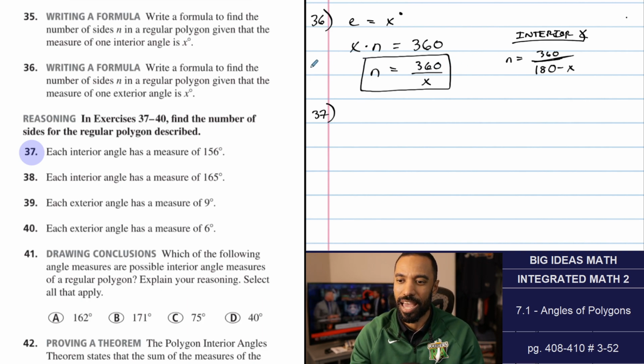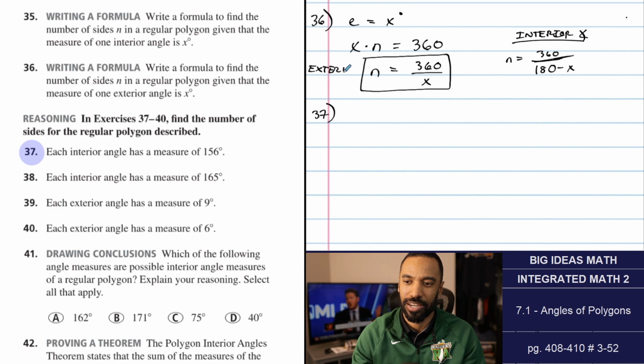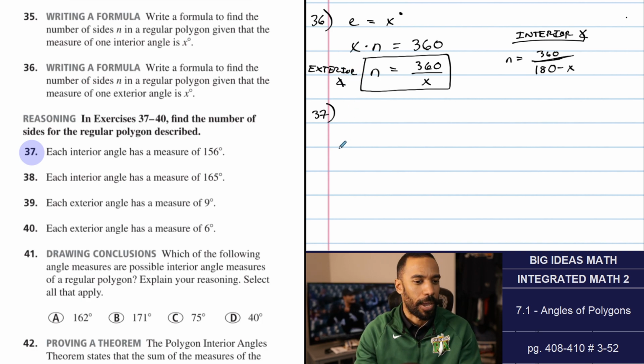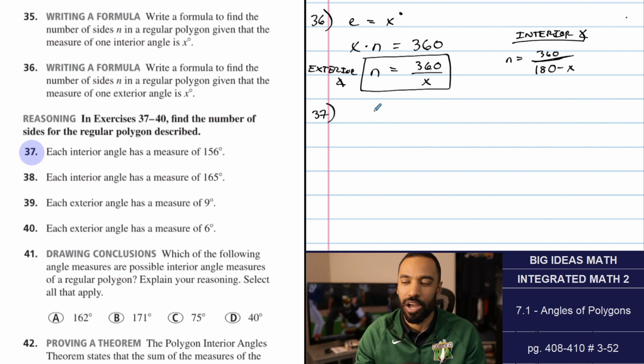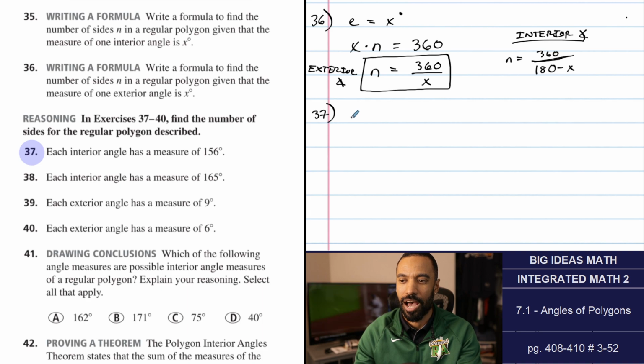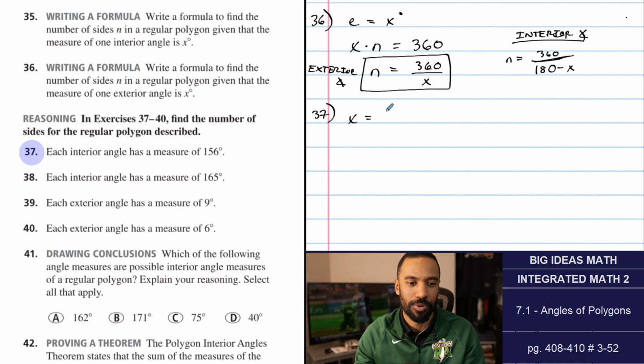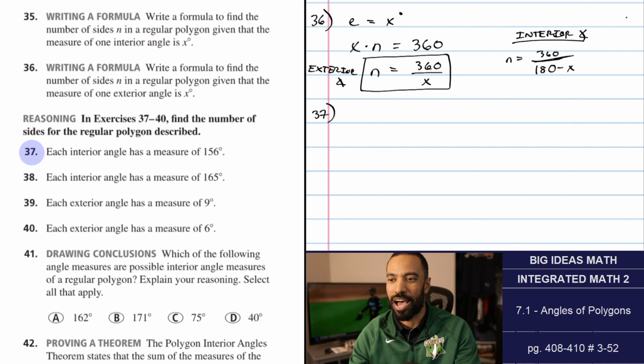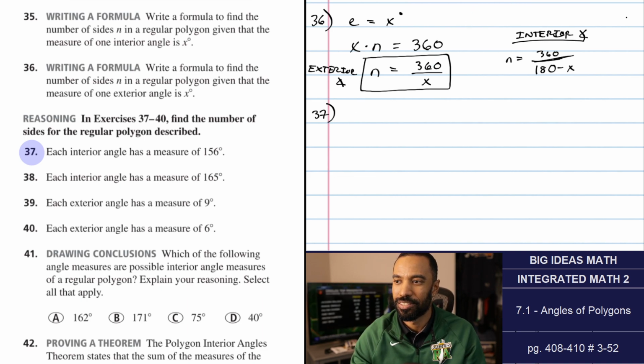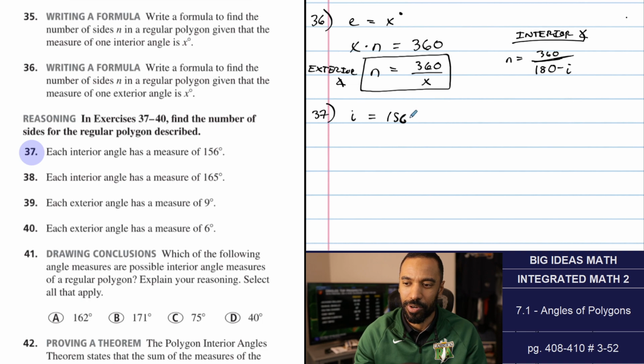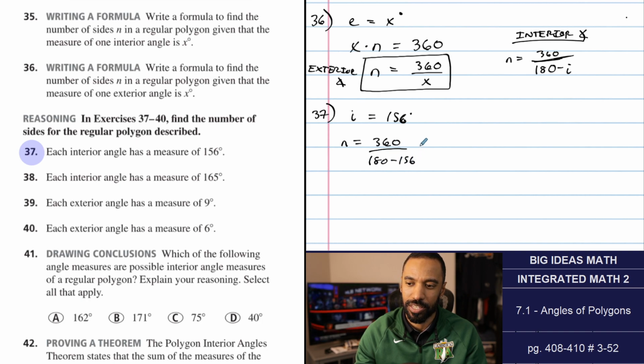Whoops. The exterior angle one. Okay. Each interior angle has a measure of 156 degrees. So let's say n, hold on. I, or x. X equals, I kind of want to say I. I know they said x, but now that I'm writing it as a formula, let's call it I. If I equals 156 degrees, then n equals 360 over 180 minus 156.